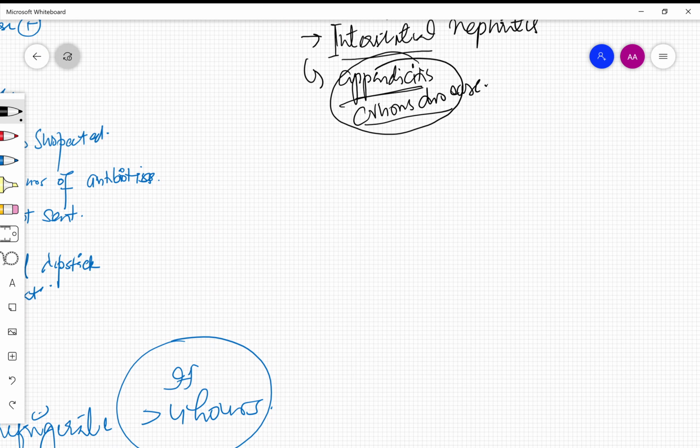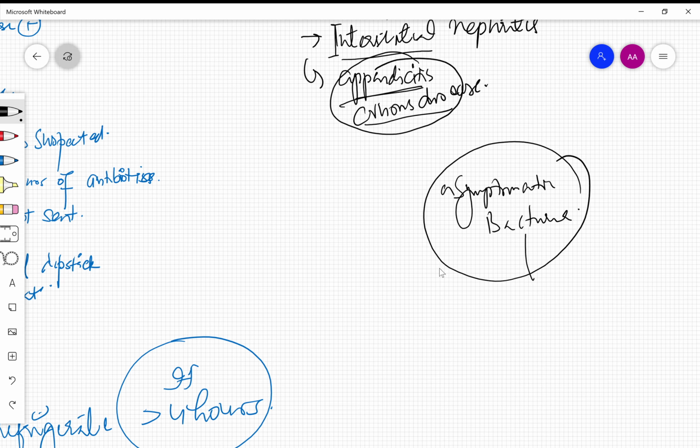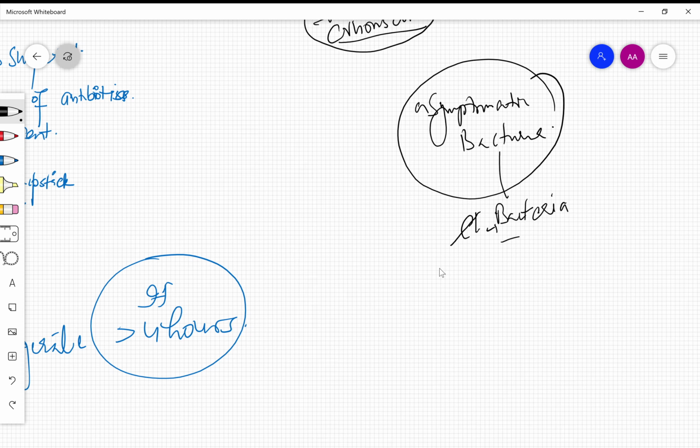The other important thing that I want to talk about is asymptomatic bacteriuria. This can be seen when the culture is positive and on microscopy there are bacteria, but there are no symptoms. Normally they are positive for a single organism.